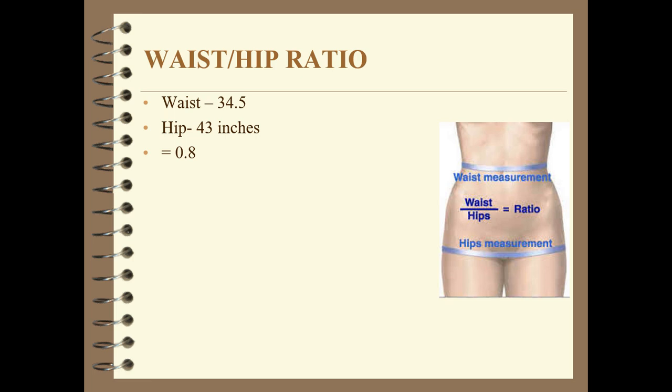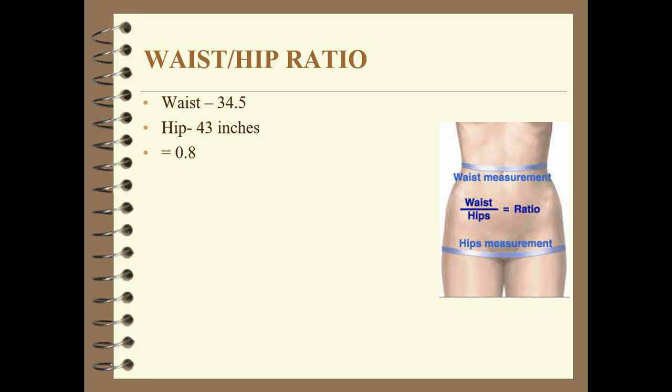So if somebody's waist is 34 inches and their hip is 43, alright, so imagine somebody's waist is 34.5 inches and their hip is 43 inches.